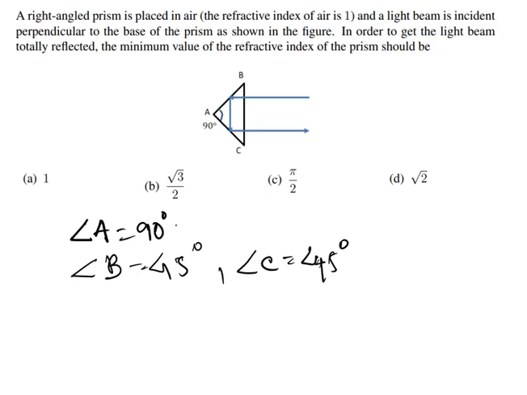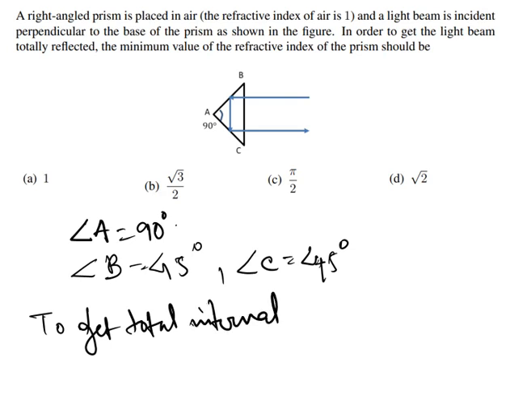So the critical angle condition is needed to get total internal reflection.